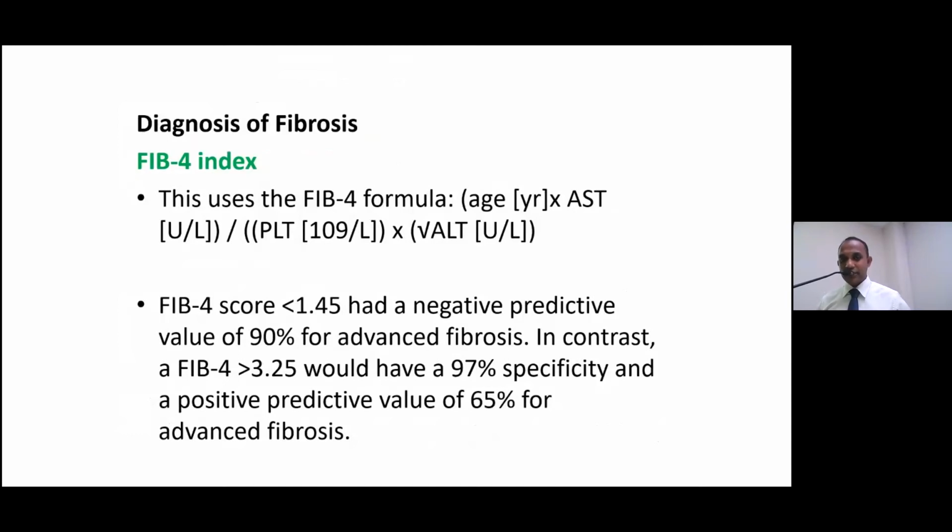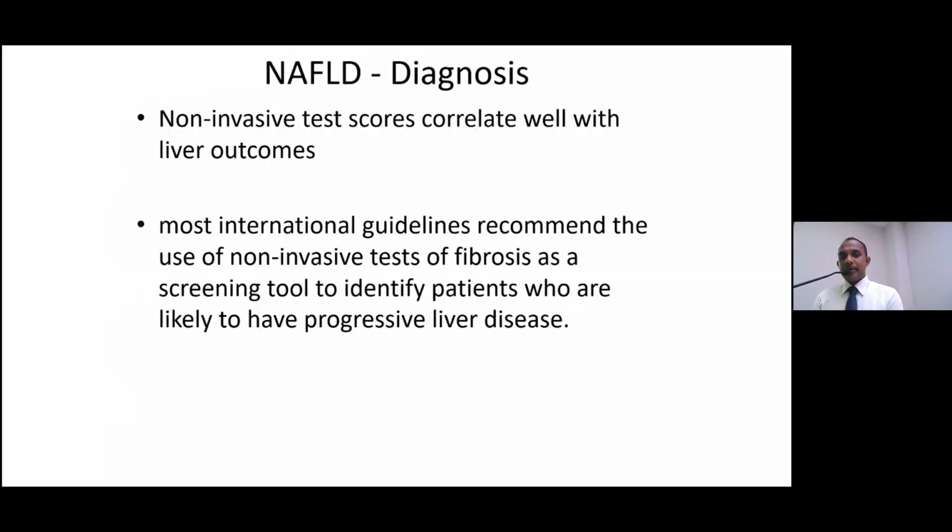So it's very easy to calculate. Again, it has cutoff values, and if it is above a certain cutoff value, that indicates significant fibrosis, and if it is below a particular cutoff value, it is suggestive that the fibrosis is minimal.